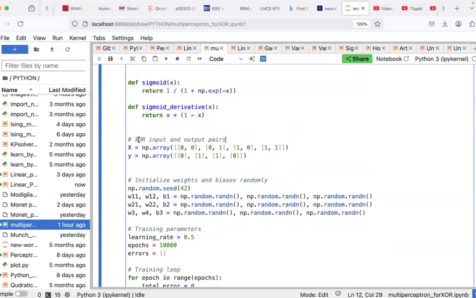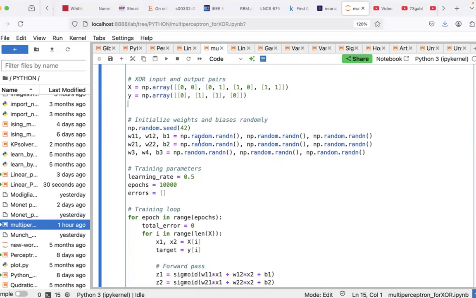So in this case, for the XOR data, just to change a little bit, instead of using -1 and 1, I'm using 0 and 1. It's the same thing. And these are basically the data points for the XOR gate, so the input data and the corresponding labels or output.